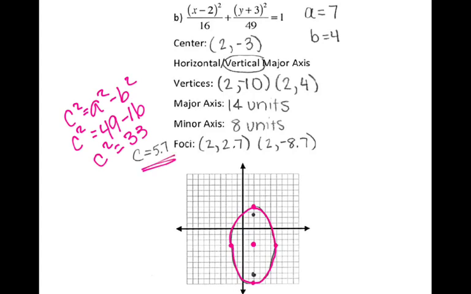So just like with your vertices, where you added and subtracted from your y-coordinate, you're going to do the same thing, except now you're going to use c. So I'm going to take -3 plus 5.7, that gives me 2.7. -3 minus 5.7 gives me -8.7. And then I can go ahead and plot both of those, and your graph is complete.